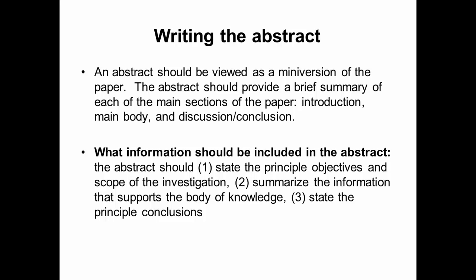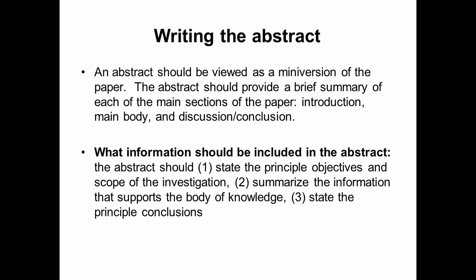And the abstract. The abstract basically is considered a mini review of your paper. So the abstract should provide a brief summary of the main sections of the paper that we just described, like introduction, main body, and discussion and conclusion. For each section you will have a summary statement, a couple of sentences.